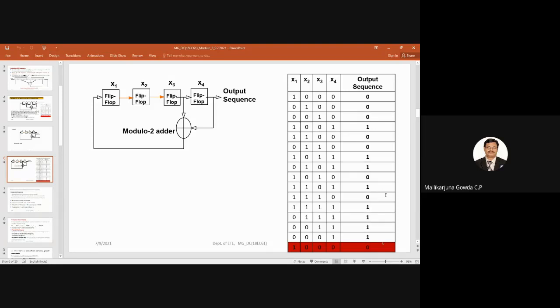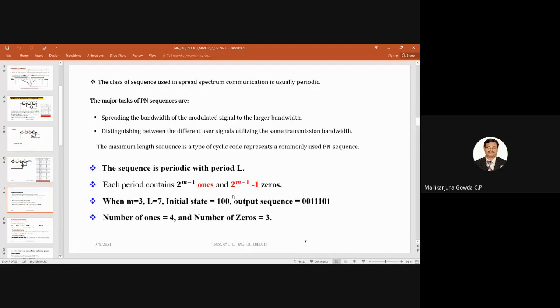So 8 ones are there and 7 zeros are there, right? 1, 2, 3, 4, 5, 6, 7. So 2 power m minus 1 minus 1 zeros will be there. That is one property of this PN sequence. As I said, always the number of ones will be 1 more than the number of zeros.